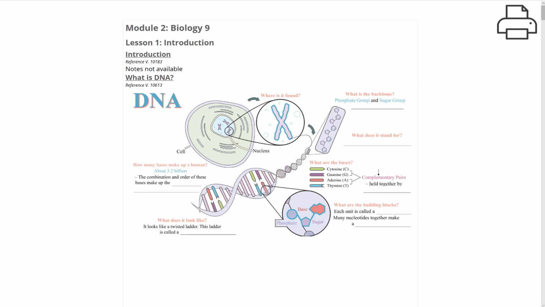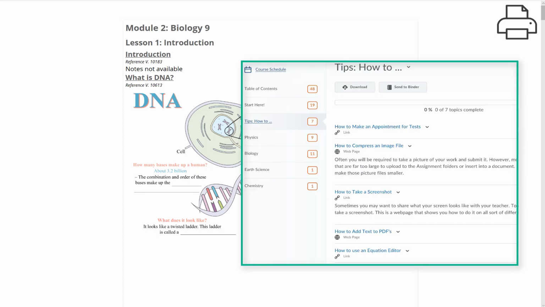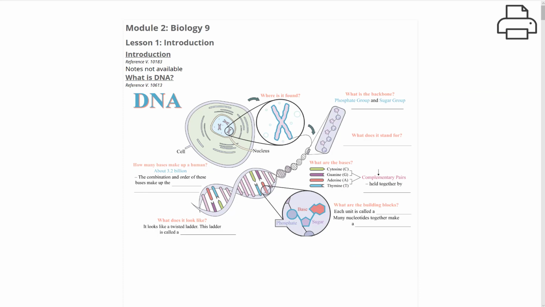However, you do have the option of filling them in electronically by using a PDF editing software. If this is the option you want to take, see the Tips content section for links on how to do this. When it comes time to submit the notes, scan your paper notes or take a picture of them and submit it to the proper assignment folder.